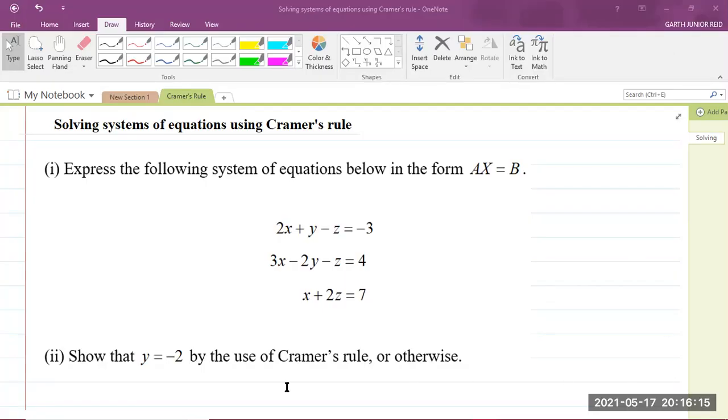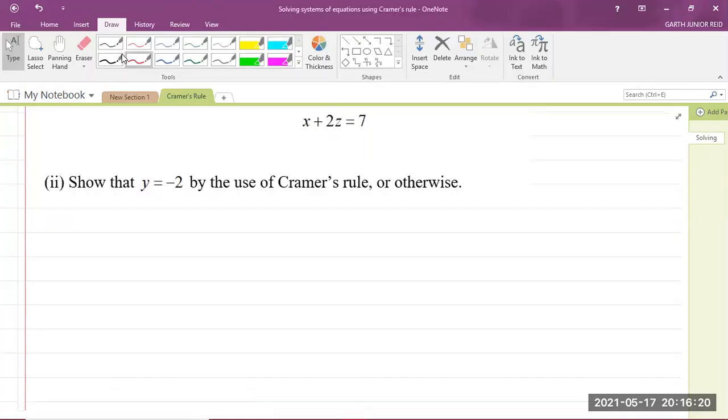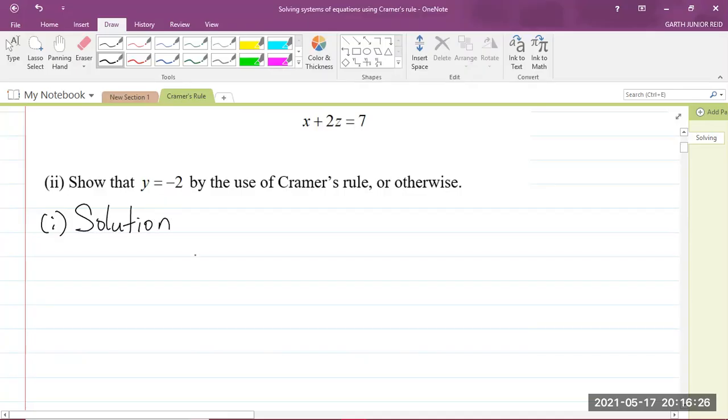Let's do part 1. So this is going to be part 1 solution. They gave us 2x plus y minus z is equal to -3 and 3x minus 2y minus z is equal to 4.